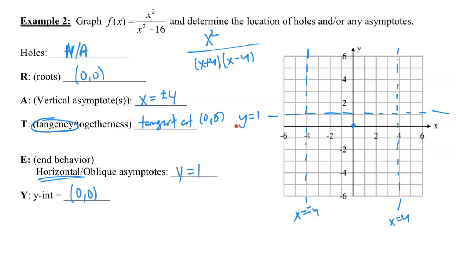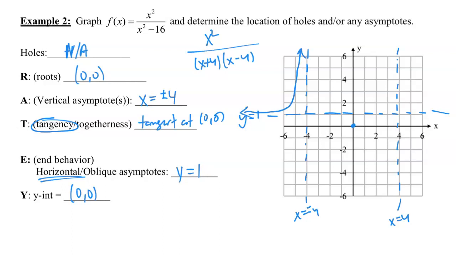If it's below, what I'm going to have to end up doing is cross through the x-axis somewhere in this neighborhood. But I can only cross the x-axis or touch the x-axis at my root. And so therefore the graph cannot be down below this horizontal asymptote. It's got to be drawn above. And so my graph is going to look like this.